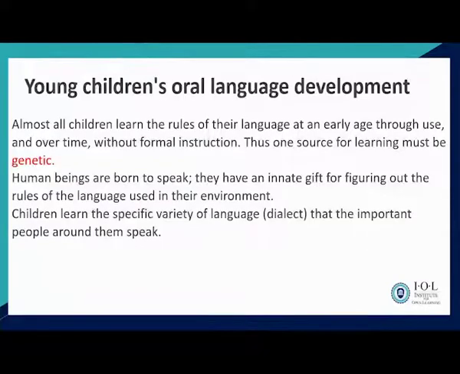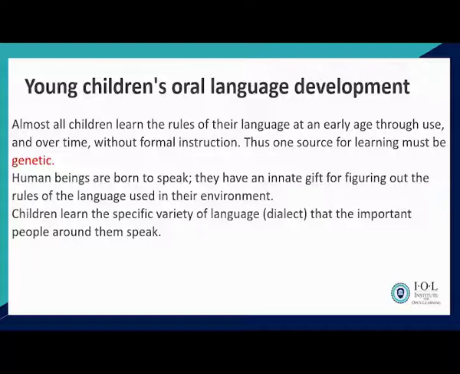So this happens when you take into consideration the fact that a child, as they learn, whether they are learning a language in writing, speaking or listening, should go through a development stage, and you should allow them to have that. So, like we say here, all children learn the rules of their language at an early age through use over time without formal instruction. That's one source.